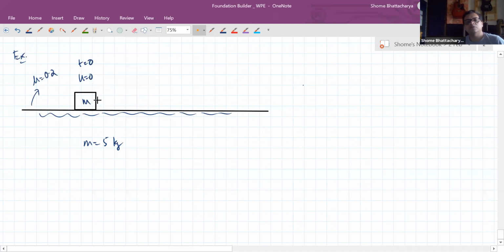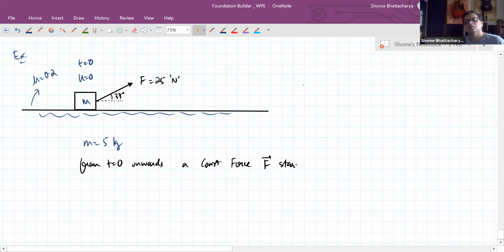Now we start pulling the block with an external force like this, which is of magnitude 25 newtons, acting at an angle of 37 degrees. Okay. So from t equal to 0 onwards, a constant force F starts acting on the block.